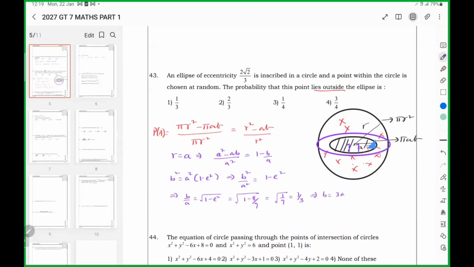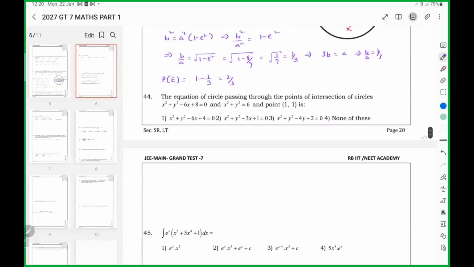So a becomes 3b. Sorry, this is 3b becomes a. So b by a is 1/3, sorry. So the probability will be 1 minus b by a, where b by a is 1/3, which is 2/3.